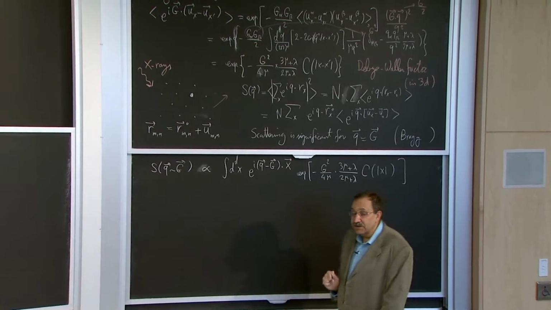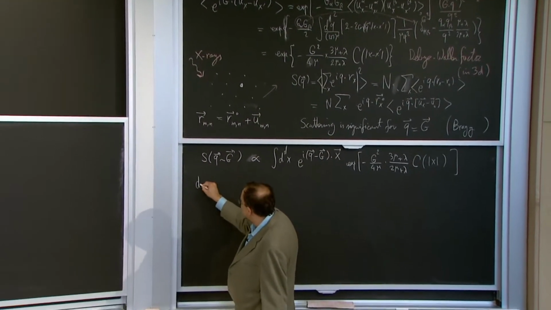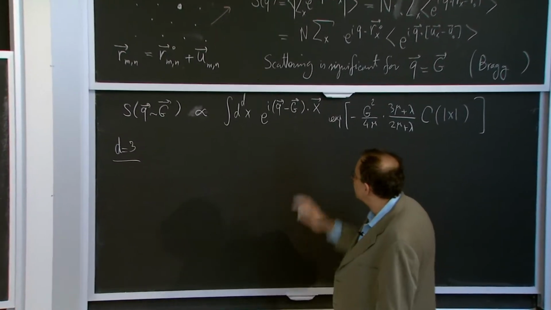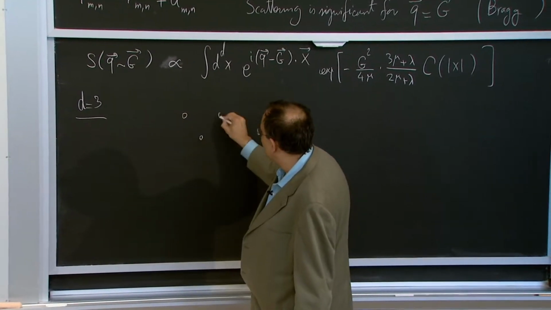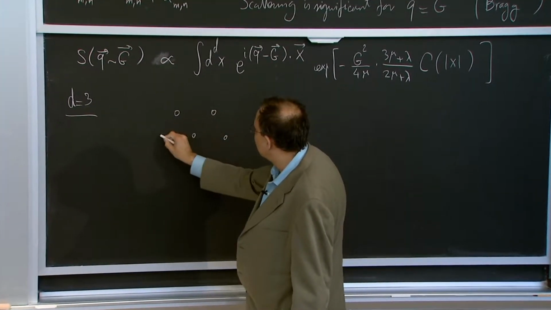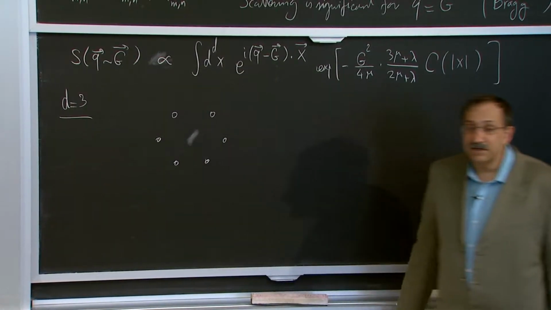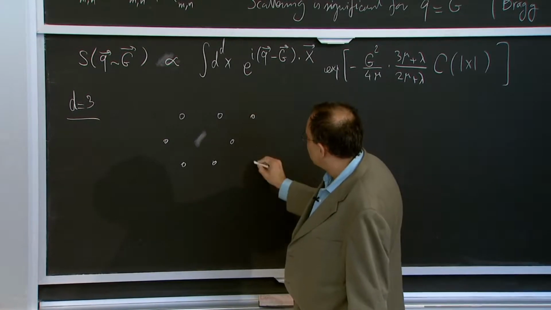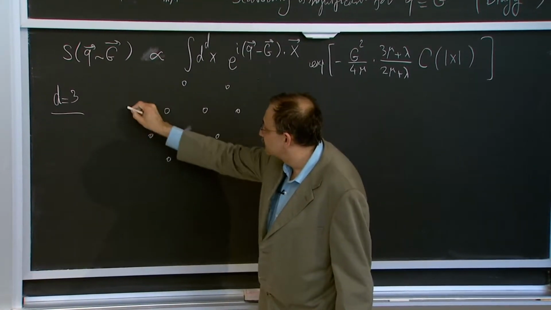So you do the Fourier transform from this, and in d equals 3, what you find at 0 temperature, as we said, is that you will get Bragg spots at the locations of G's that correspond to the inverse lattice vectors, which actually themselves form a lattice.